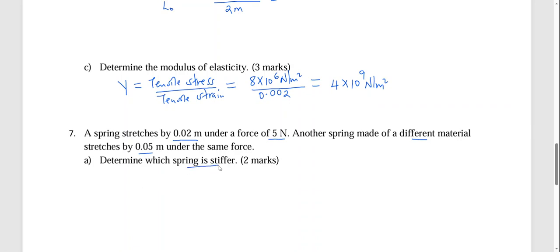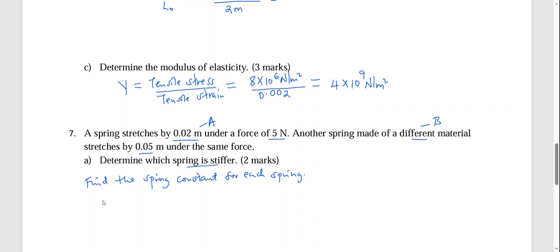For you to be able to determine which spring is stiffer, you have to find the spring constant for each spring. Therefore, let's name the first spring as A and the second spring as B.